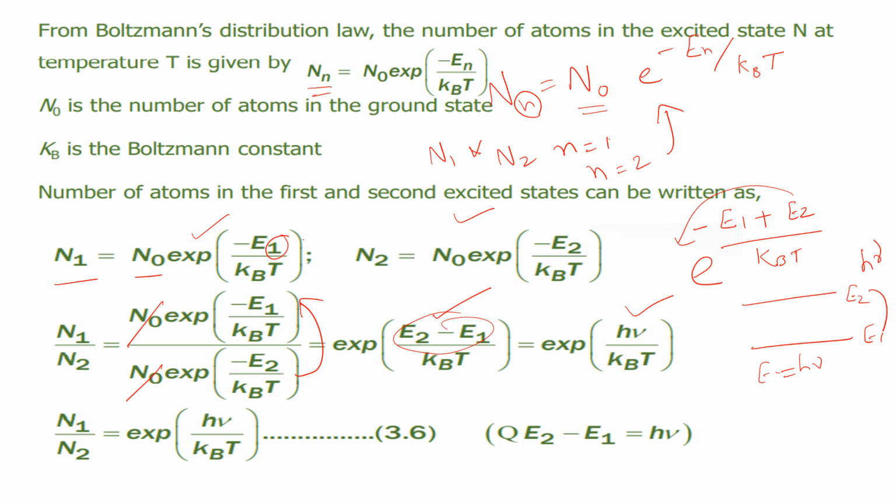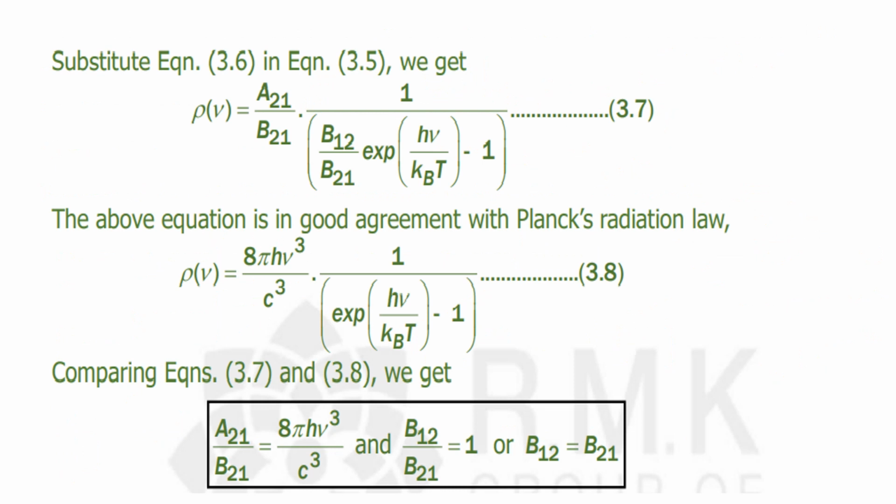Now substituting the value of N1 by N2 as e power h nu by kT in the equation, this rho nu is equal to A21 by B21, 1 divided by B12 by B21 into N1 by N2 minus 1. Here, instead of N1 divided by N2, we are using e power h nu by kBT.